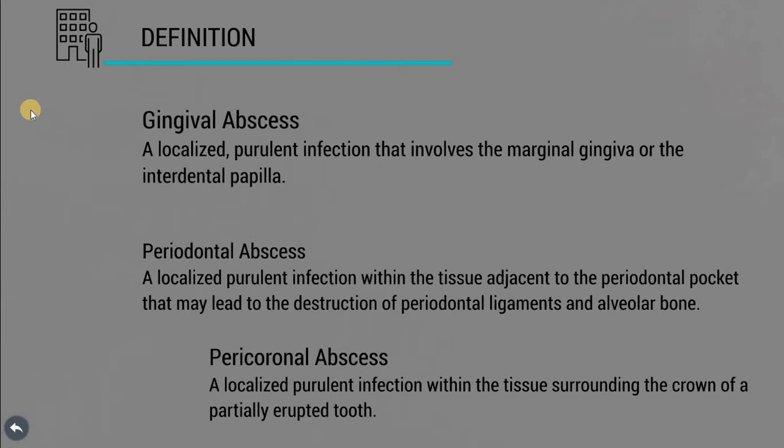And we have a fourth type, the pulp abscess, but this is not associated merely with the periodontium. It has a tooth factor also.